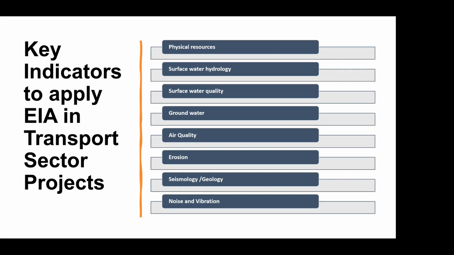You also cannot ignore seismic analysis, or what we can call geological conditions. The proposed project could affect the geology if extensive cutting and filling is undertaken at every location, for example in constructing highways, airports, or railways. You also cannot ignore noise and vibration, which is of course also a major impact.